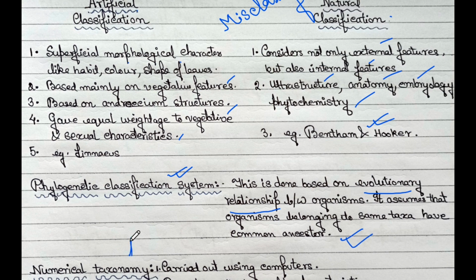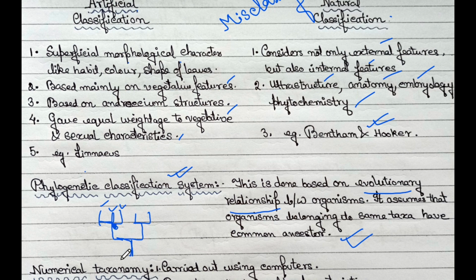Like if we draw a phylogenetic tree, in this type of classification, they will think that this organism has a common ancestor.